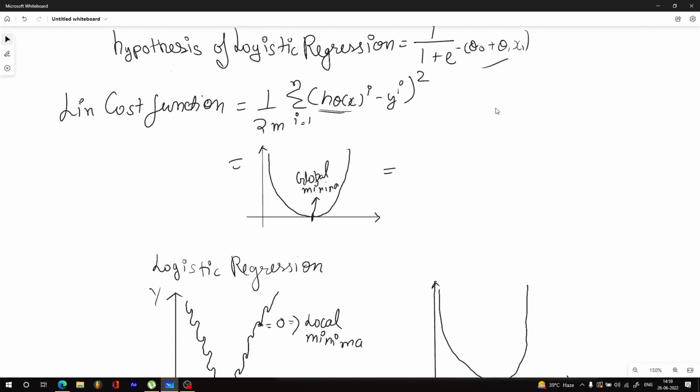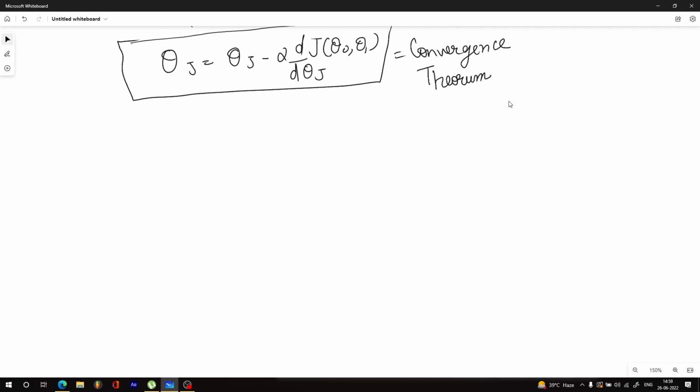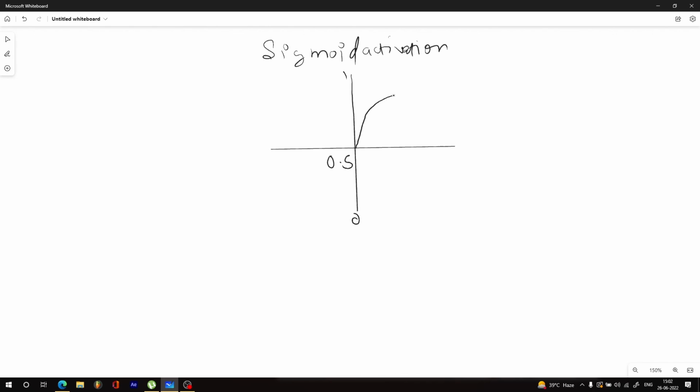This is how our graph comes after applying the sigmoid activation function: with 0.5, 1 and 0, we get something in this manner.